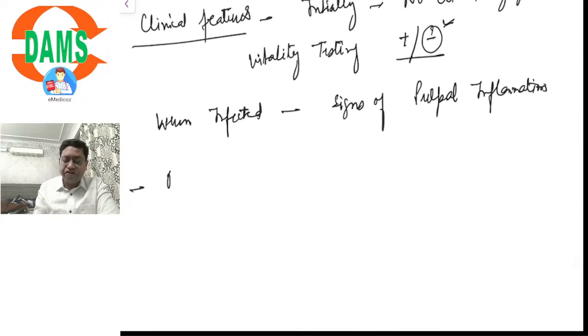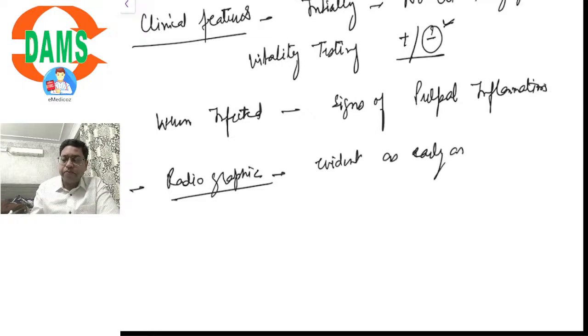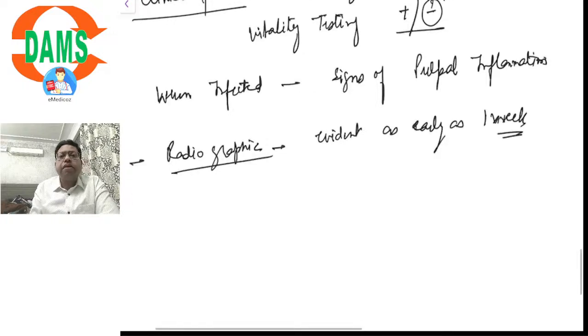What are the radiographic features? Now, external inflammatory resorption is a very fast developing thing, and radiographically it is evident as early as 1 week.